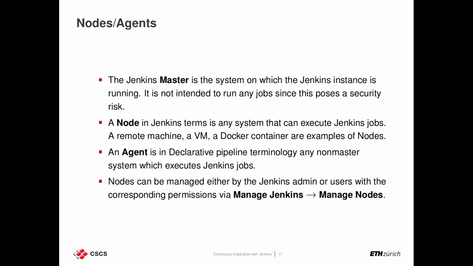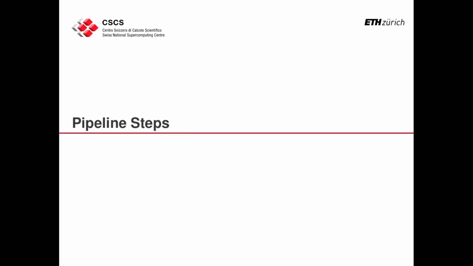Agent is the term used by the declarative pipeline to refer to any non-master system which can execute Jenkins jobs. We'll see later how we will define nodes, and they can be managed either by the Jenkins admin or users who have the corresponding permissions. You go to Manage Jenkins, Manage Nodes, we will see that later.